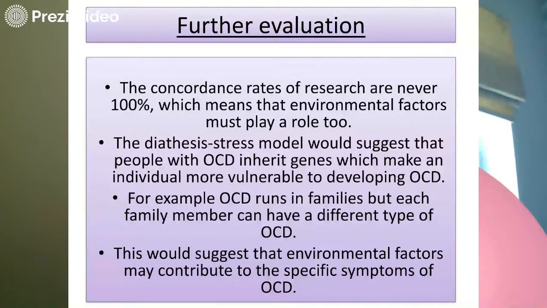So the situation that we have at the minute with COVID-19, this could be triggering a lot of people's OCD. They might have never had it before. It could be something that runs in their families but they've never experienced themselves, and they have a genetic predisposition to it, but because all of this has happened, now they've started to develop obsessive compulsive characteristics, and this could manifest itself into OCD.